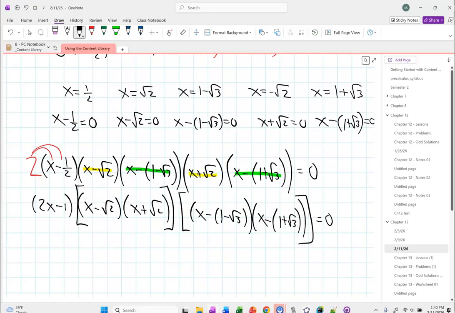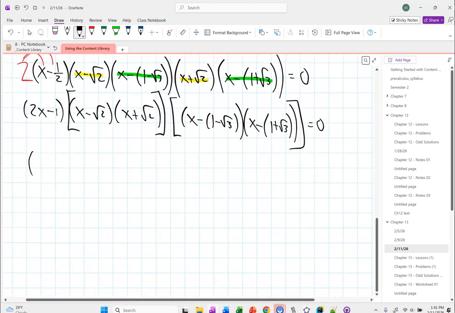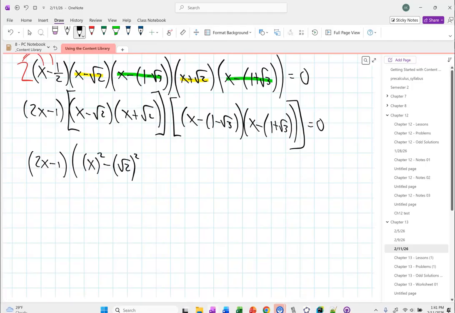So if I look, I have x minus square root of 2 times x plus square root of 2. What kind of multiplication pattern is going on there? That's a difference of 2 squares, right? I have an a plus b times an a minus b. So when I multiply those out, what am I going to get? Like an a squared minus b squared, right?